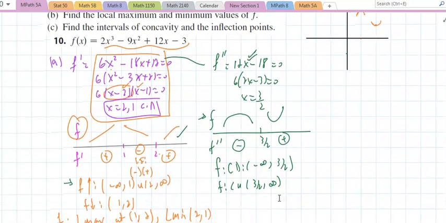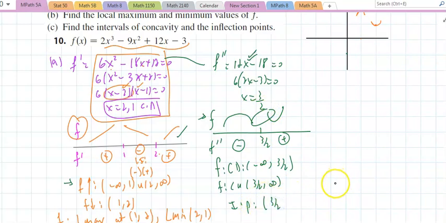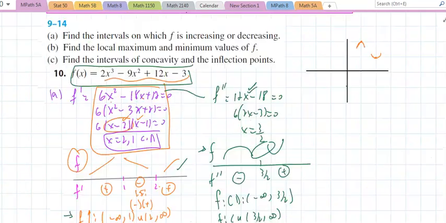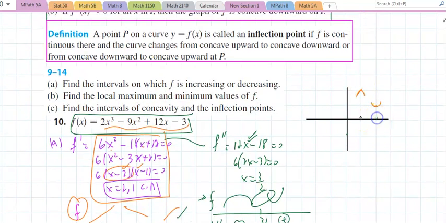What that means, we do have an inflection point because we switched from concaving up to down or down to up at 3 halves, and if I plug that in right there, I will get 3 halves. I did that on my calculator. So the point 1.5 is an inflection point.